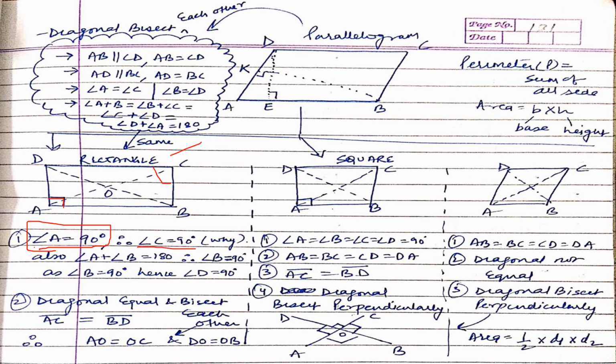Similarly, if A is 90, what about B? In a parallelogram the sum of adjacent angles is 180. So I obtain A plus B equal to 180, which gives me B equal to 90 degrees. When B is 90 degrees, what can you say about D? It is opposite to B. So D is also 90 degrees. So if one angle is 90 degrees, all become 90 in a parallelogram.